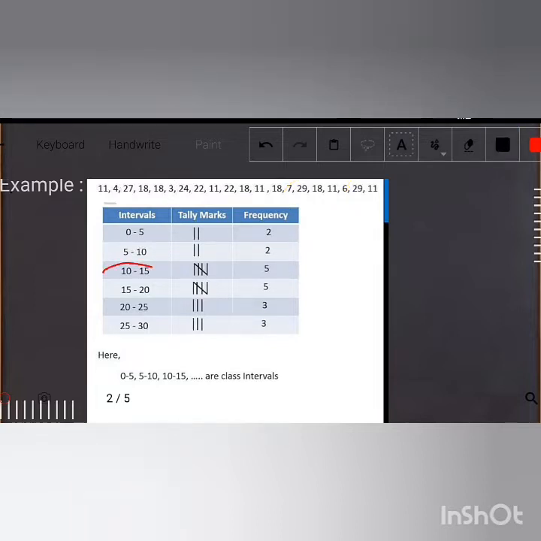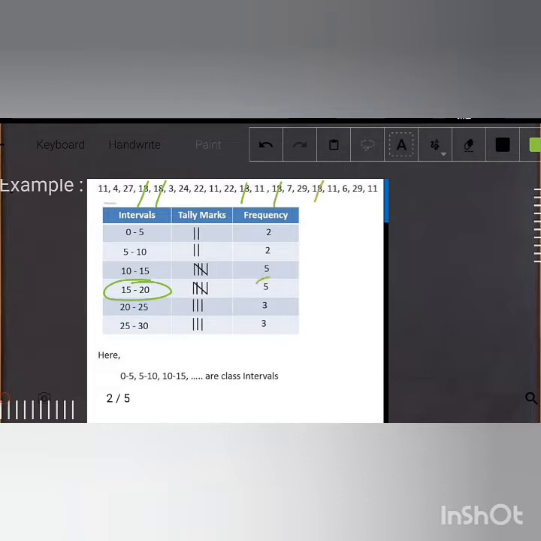Similarly, the numbers between 10 to 15 are 11, again 11, 11, 11 and 11. There are 5 numbers between 10 and 15. So we have taken the frequency as 5. Now let us check 15 to 20. 1, 2, 3, 4, 5.